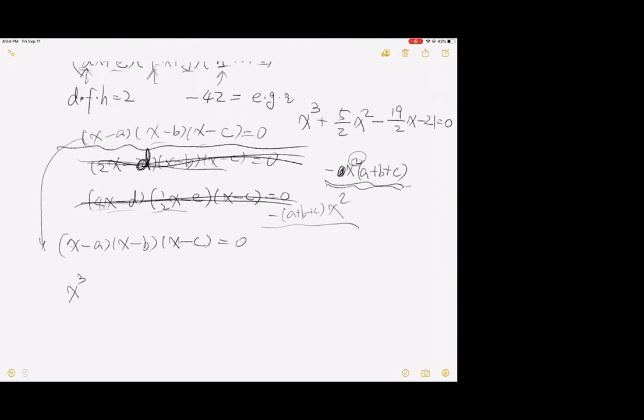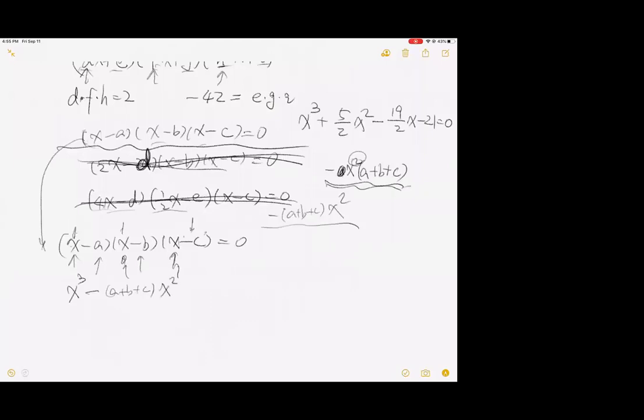To get the x squared terms, you do x times x times negative c, x times negative b times x, and negative a times x times x. So that's negative a plus b plus c times x squared.